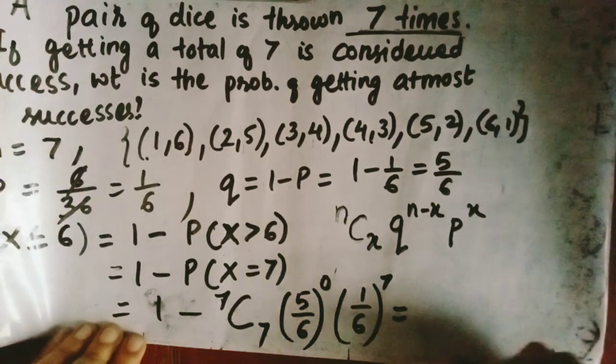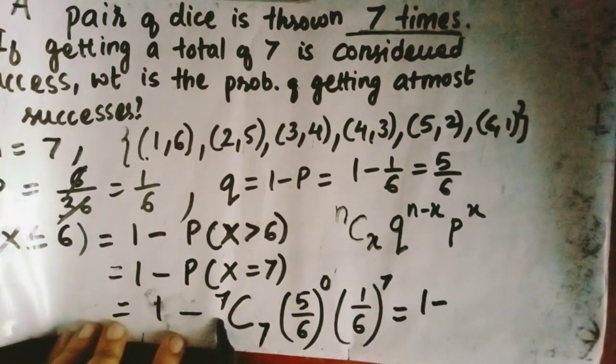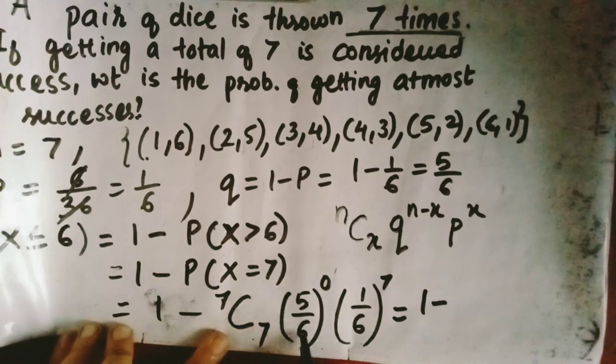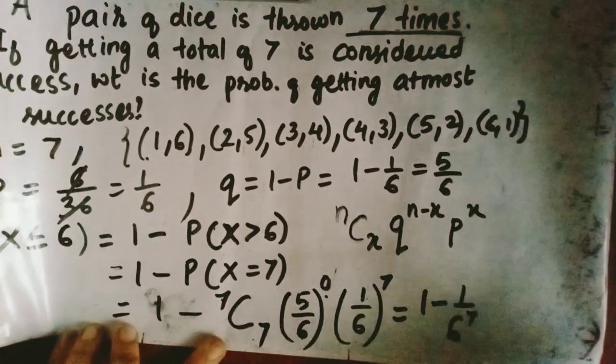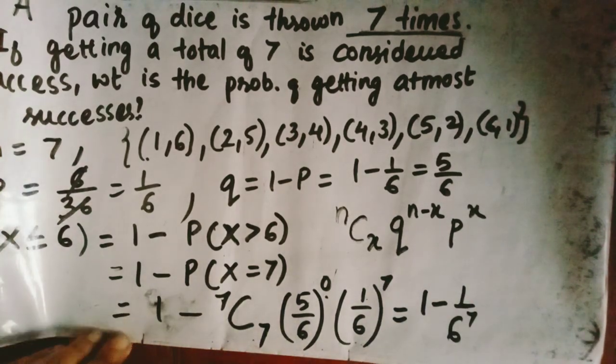So your answer will be 1 minus, 7C7 is 1, 5 by 6 raised to 0 is also 1, so this is 1 upon 6 raised to 7. So you can calculate 6 raised to 7 and then you can cross multiply.